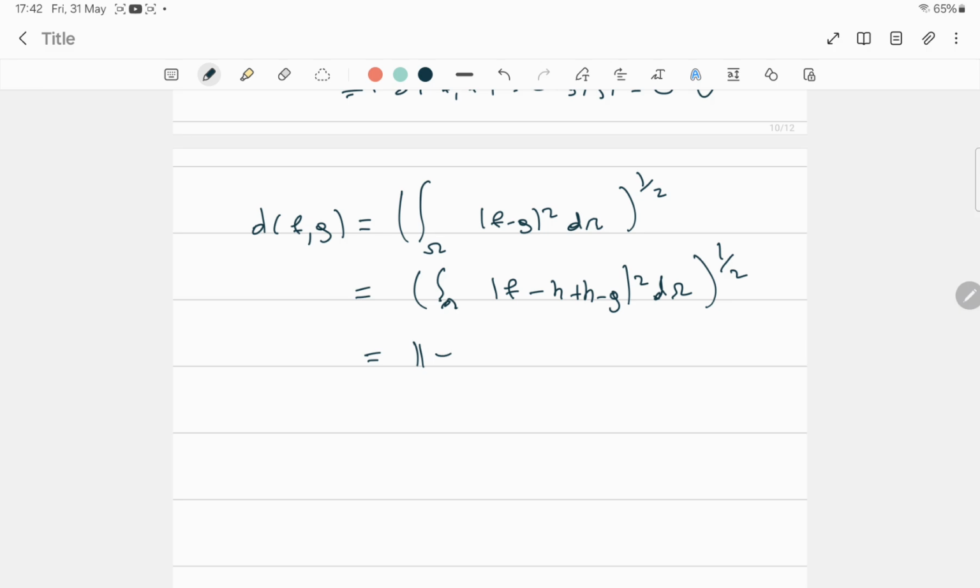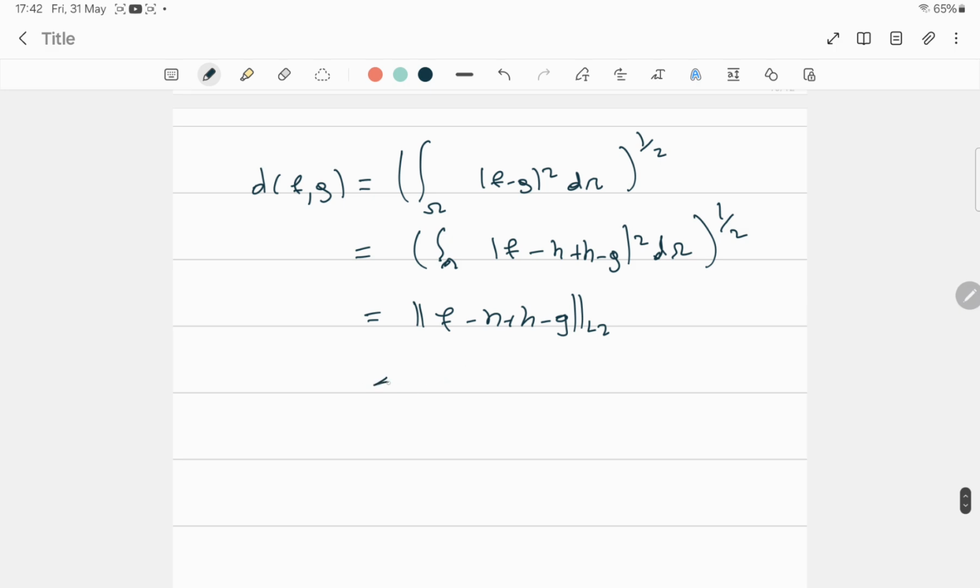So this is the L2 norm, and we can use the triangle inequality, Minkowski's inequality.